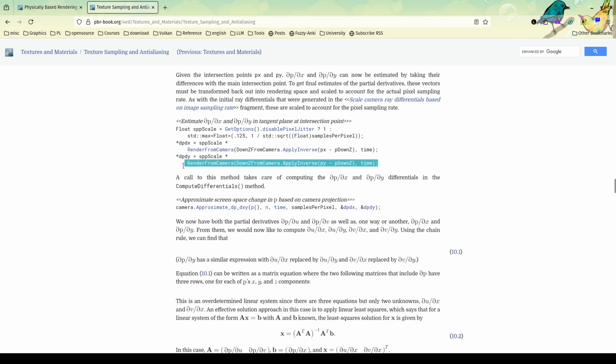So we transform from camera back into render space, and the scaling is, without jitter, just 1, otherwise it's something else. I don't really understand this, but anyway.